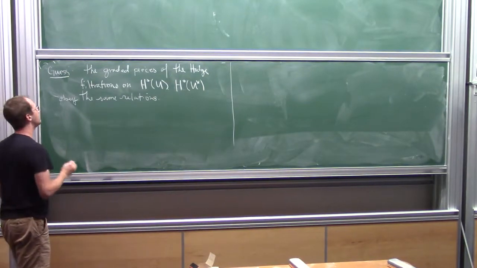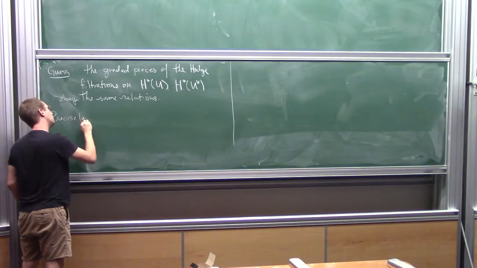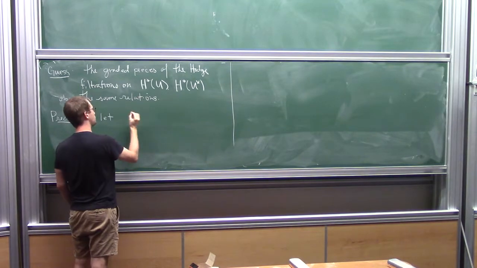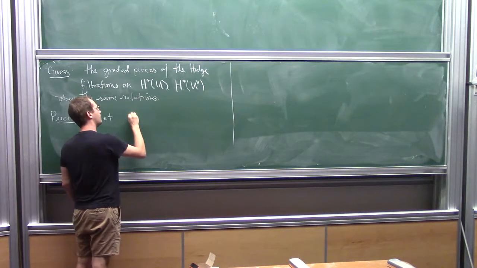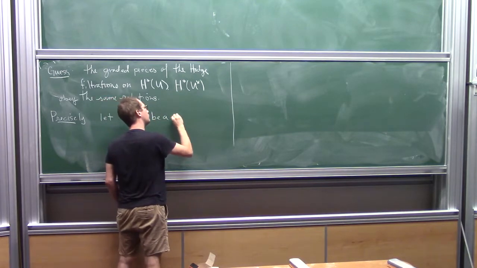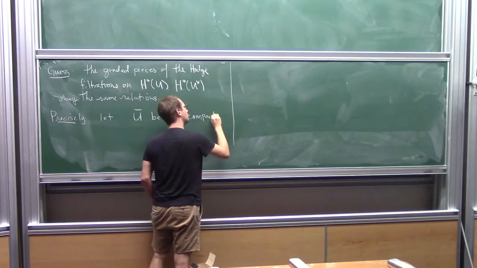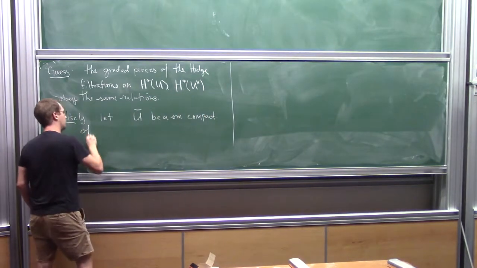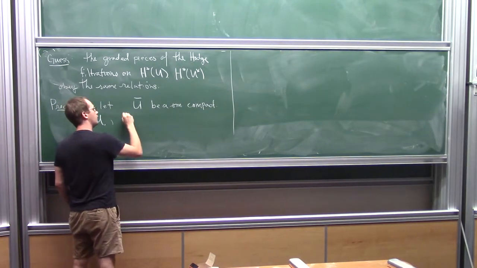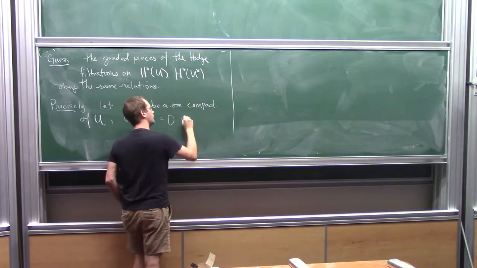To actually obtain these numbers, let U bar be a smooth compactification of U such that U bar minus U, which we'll call D, is normal crossings.